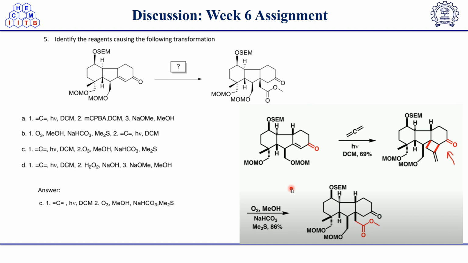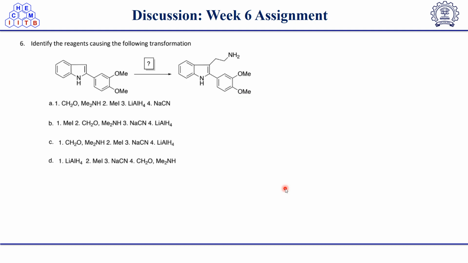Now moving to the next question, that is the sixth question. Identify the reagents causing the following transformation. So this indole derivative is substituted at this third position to get this compound. What will be the sequence of this transformation in the given four options?